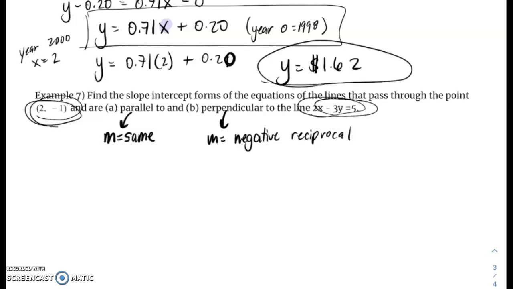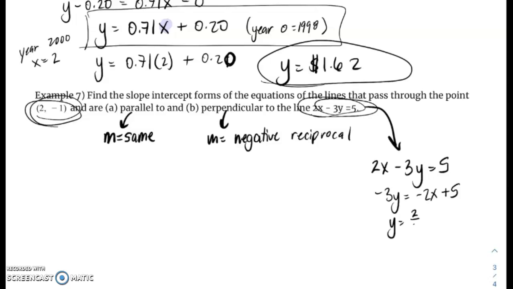So first we're going to look at the line, and we're going to put it in slope-intercept form. So I'm going to subtract 2x to the other side, and I'm going to divide by -3. Okay, I'm getting 2/3 x minus 5/3.